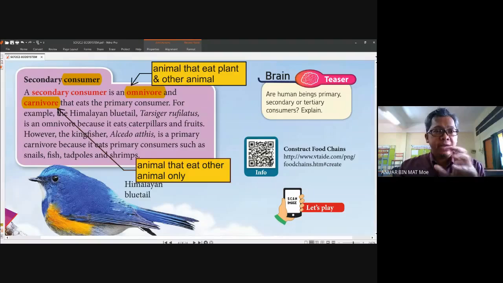Good. So secondary consumer is omnivore and carnivore. And then make sure you can give me an example of an animal that is categorized under the secondary consumer. For example, here Himalayan blue tails, or we call it the birds here.